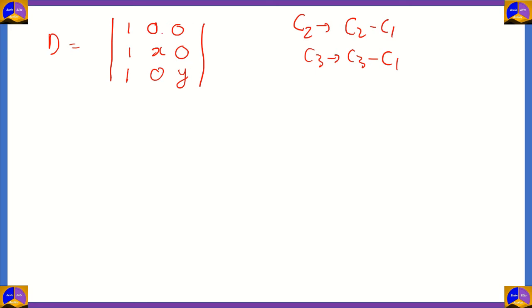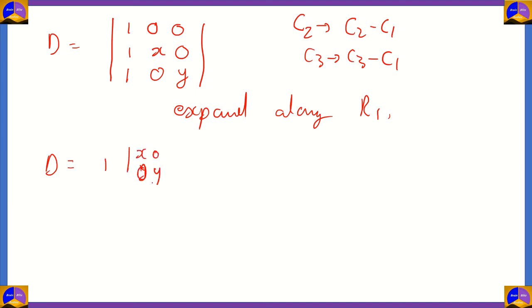Now it's pretty easy, because when you have more zeros, then expansion becomes easy. So now what we do is we expand along row 1, the first row. So therefore, the value of D equals 1 times the determinant x, 0, 0, y, minus 0 times the determinant 1, 0, 1, y, plus 0 times the determinant 1, x, 1, 0.